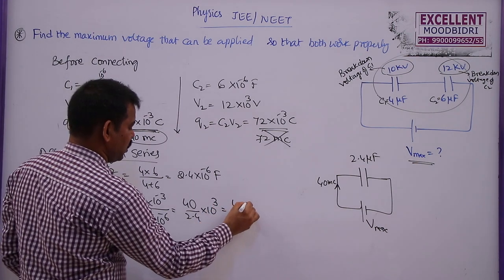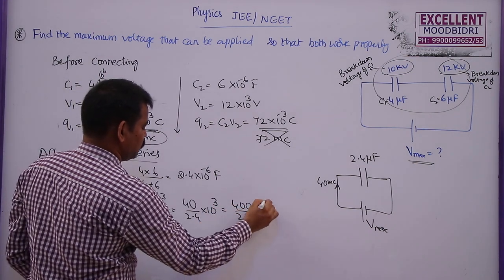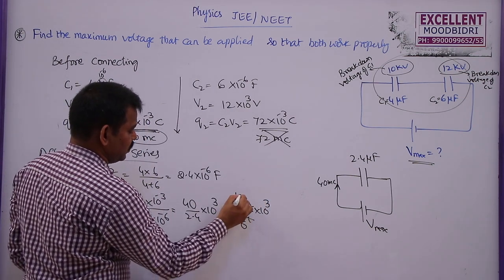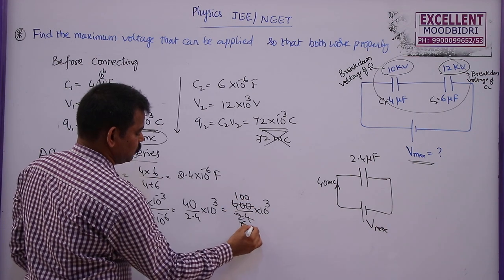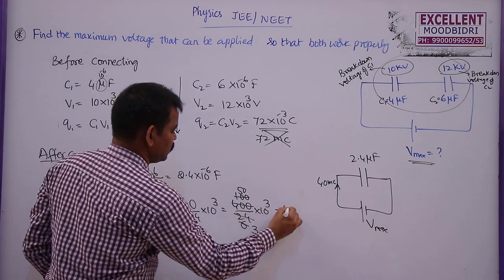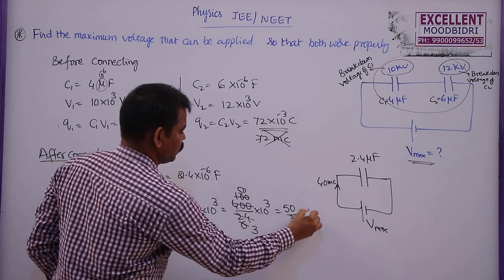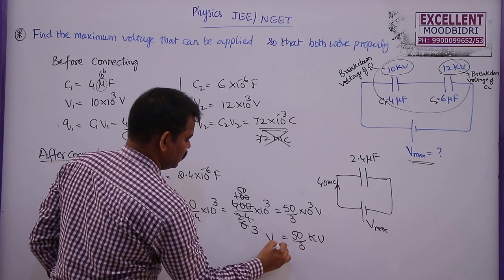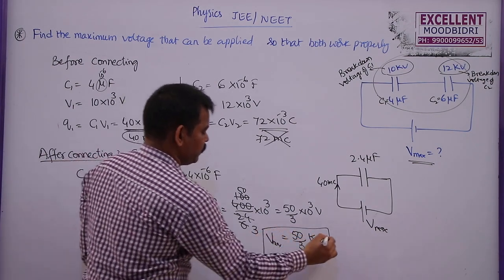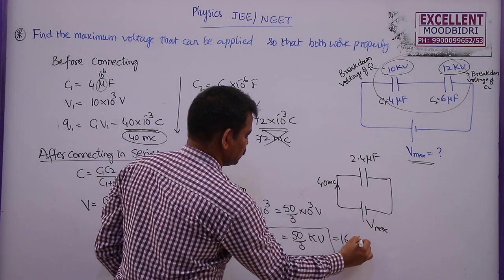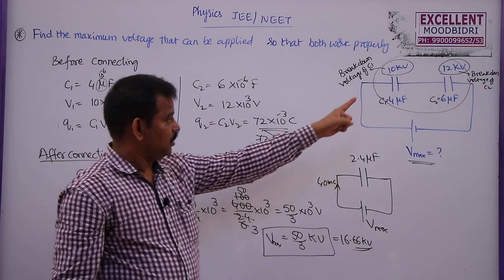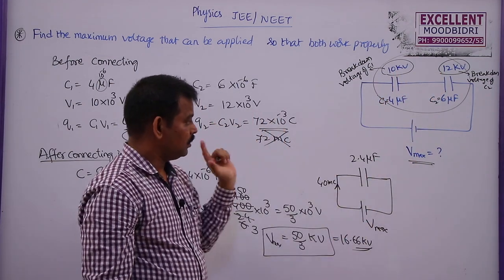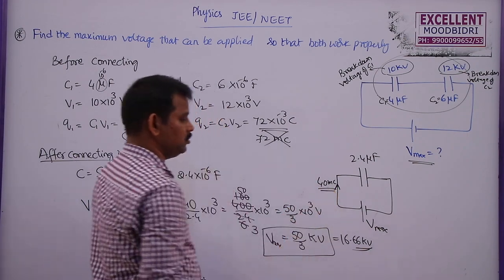So this is 400 by 24 into 10 power 3. Now you can cancel: 4 hundreds, 2 3s, 2 50s. So this is 50 by 3 into 10 power 3 volts, 50 by 3 kilovolts. So this is the maximum voltage that can be given. 50 by 3 means nearly 16.66 kilovolts. Previously, this can hold 10 kilovolts, this can hold 12 kilovolts, but you can give 16 kilovolts now. But the condition is that this amount of charge must flow through the circuit.